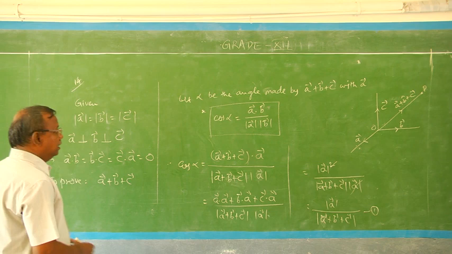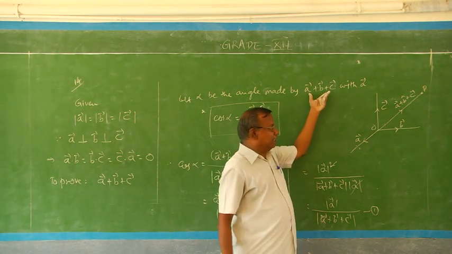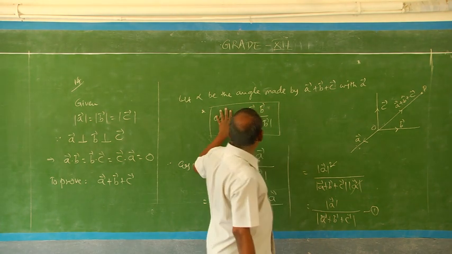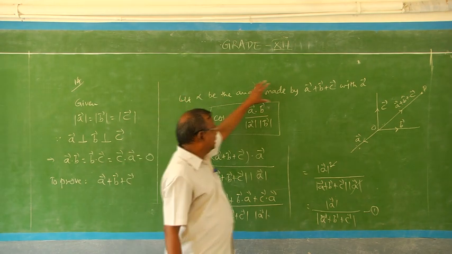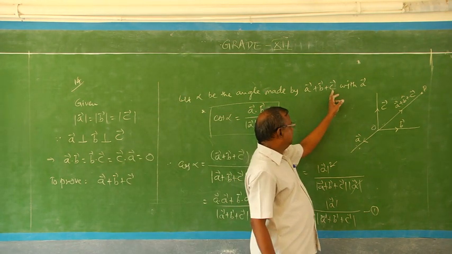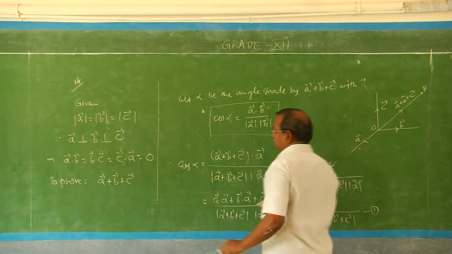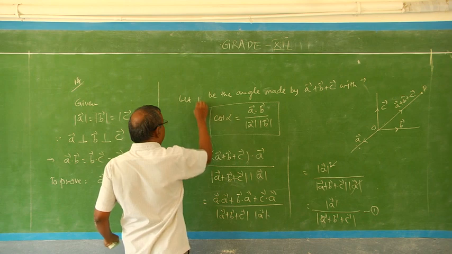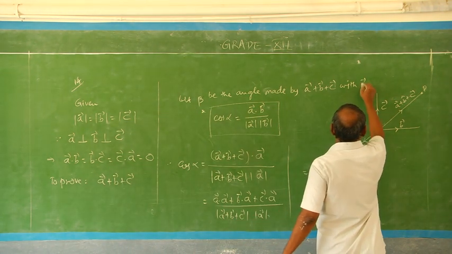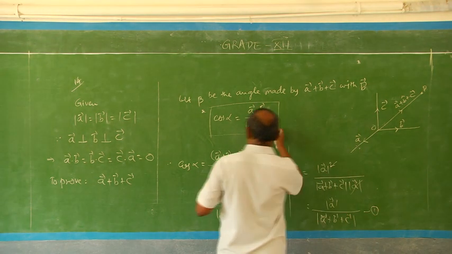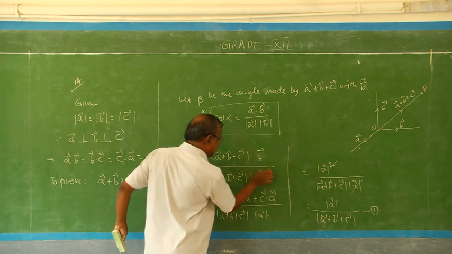Now we have found the angle between a and a + b + c. Similarly, you have to take cos beta. Let beta be the angle made by the vector a + b + c with the vector b. According to the formula, here it is b, and the denominator has modulus of b.